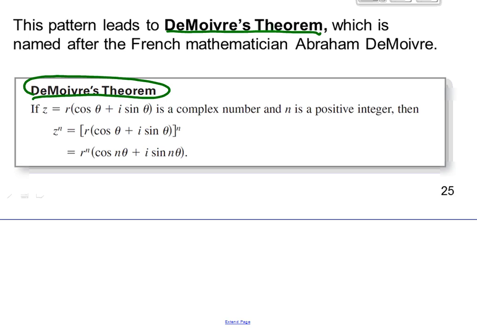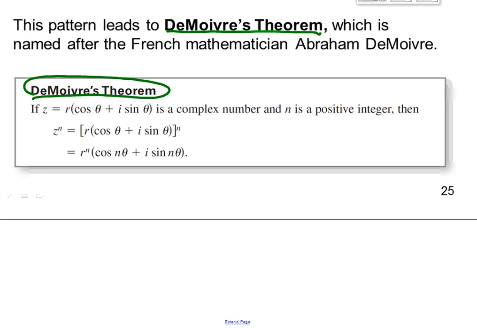And de Moivre's theorem says if z equals r parentheses cosine theta plus i sine theta is a complex number, and I'll add in trigonometric form, and n is a positive integer, then z to the n equals bracket r parentheses cosine theta plus i sine theta parentheses bracket to the n.